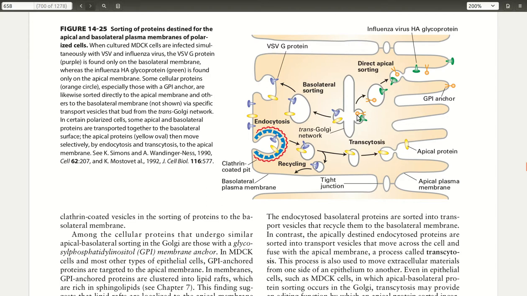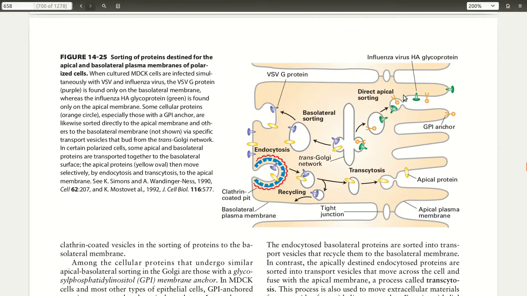And sometimes apical destined proteins directly go to the apical side. Yeah, and so this is showing that sometimes if proteins from the apical side are missorted to the basolateral side, they could undergo endocytosis and transport back to the apical side through transcytosis.